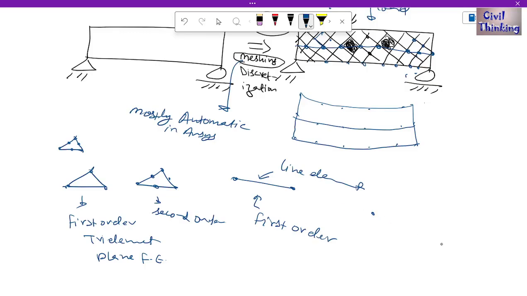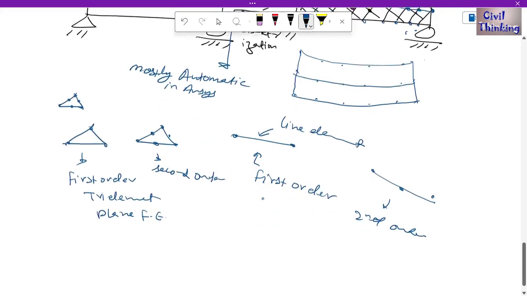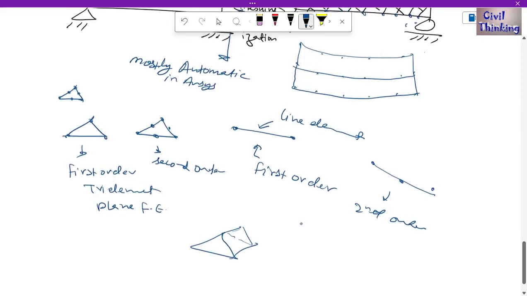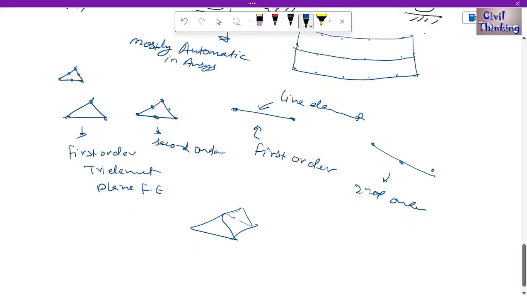If we want to increase the accuracy, we will put more nodes here, then it will be second order. The same is in 3D views like this. These shapes, anyway, are automatic in Ansys, and we will talk more about these finite elements as we move on.